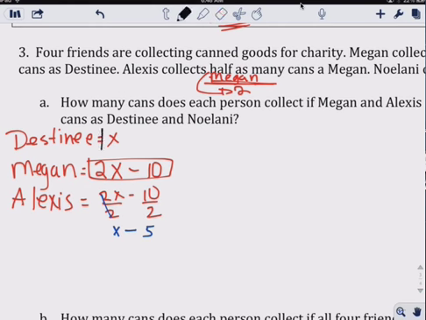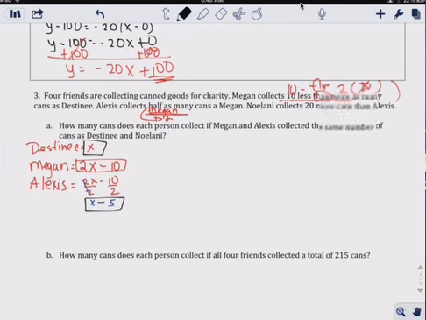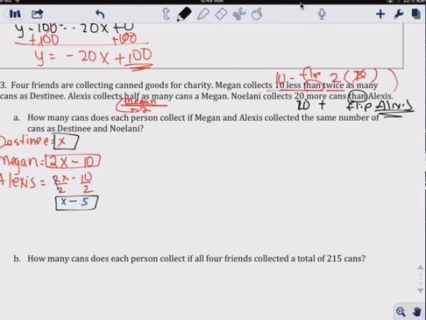So we got Destiny, we got Alexis, and the last one is Nolani. Nolani collected 20 more than Alexis. So what do we know about Alexis? Alexis is x minus 5. So in place of Alexis, we put x minus 5.